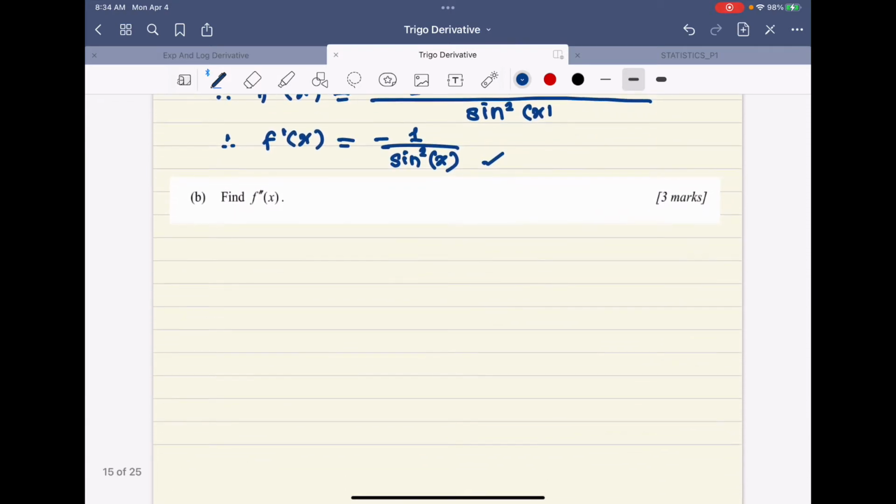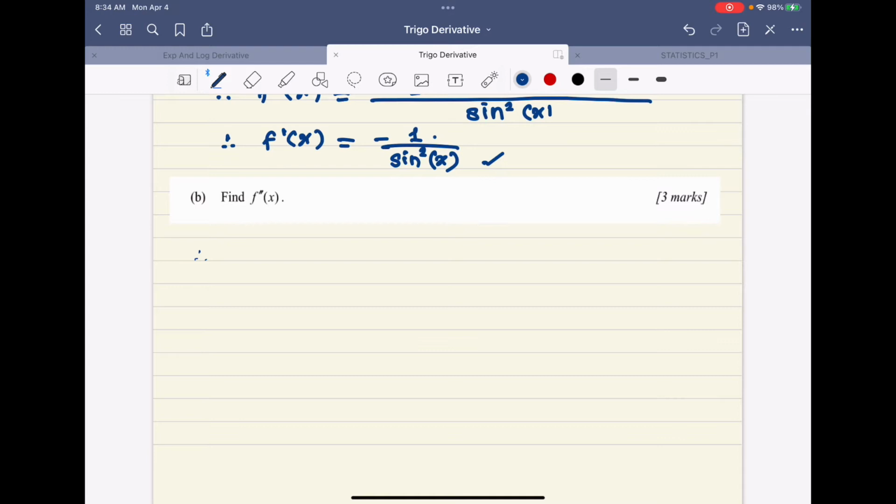Second part, find f double dash x. Now you can see the numerator of f dash x is a constant. So I can take one simple step by moving the denominator into the numerator.